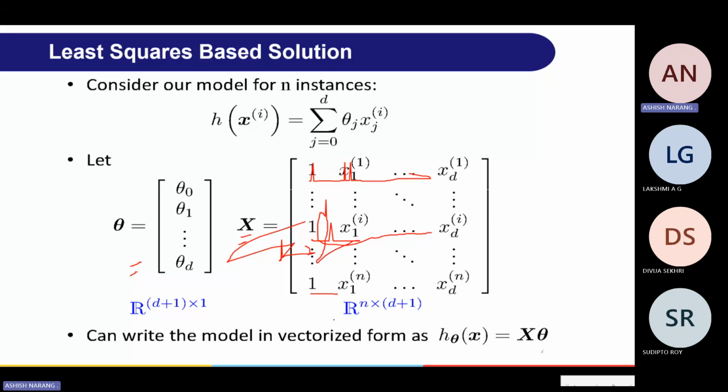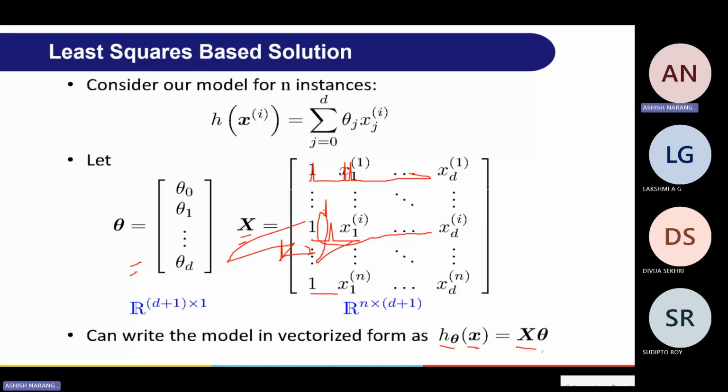So h theta x, which I want to apply on a particular observation, is X, which is N cross D plus 1, multiplied with theta. So all of these will be multiplied with this. So it is theta 0 plus theta 1 x1, theta 2 x2, up to theta d xd.